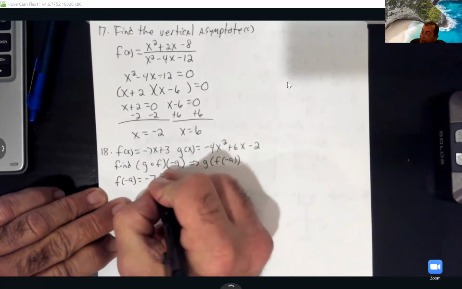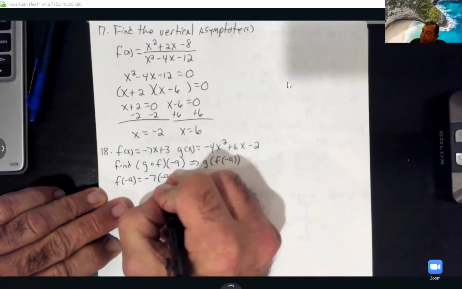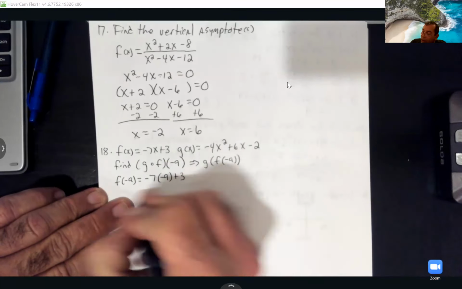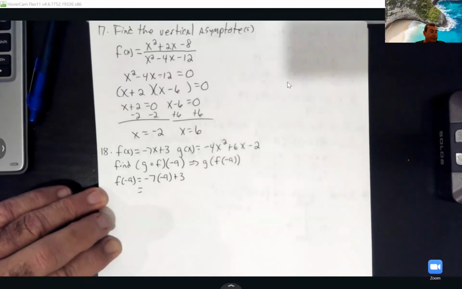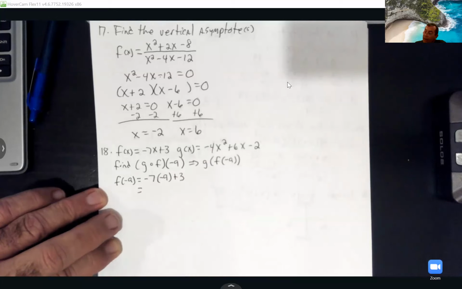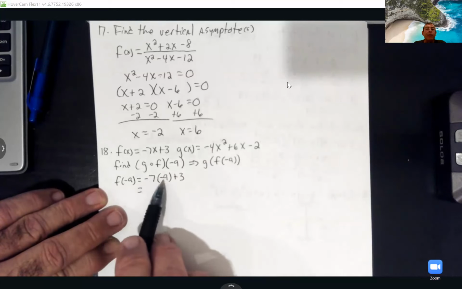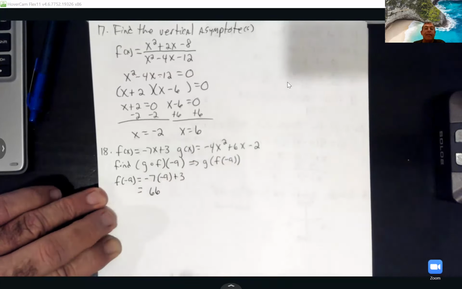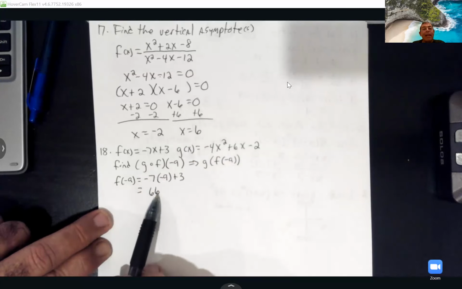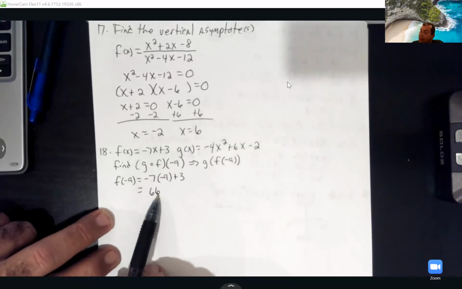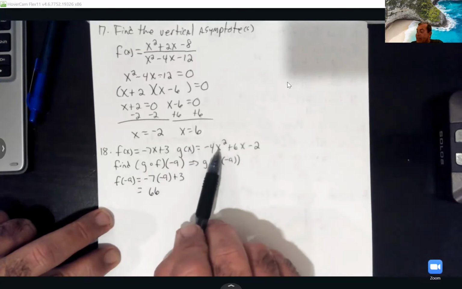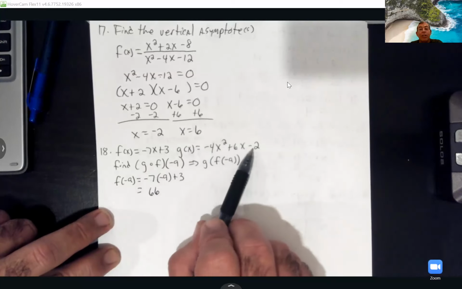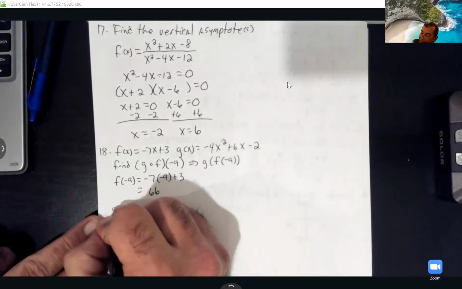So -7 times -9 plus 3. So that's what, 63? 63 plus 3 gives me 66.